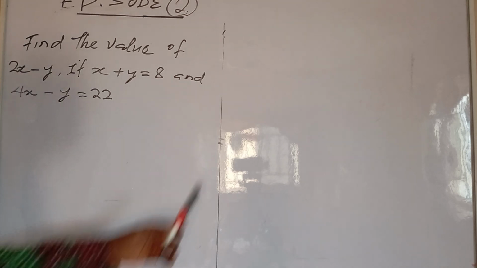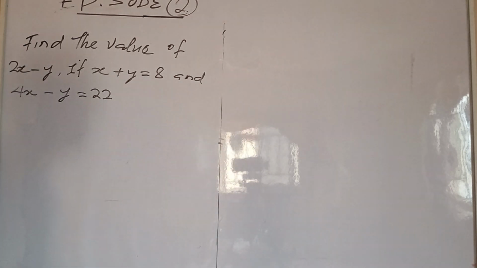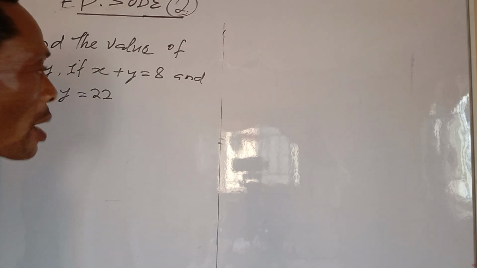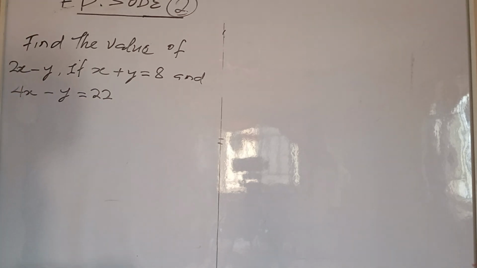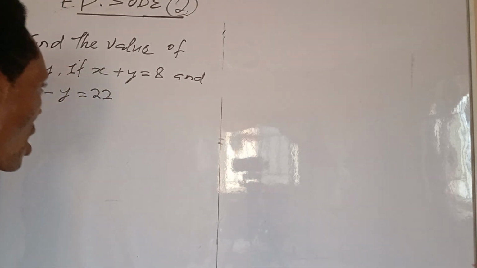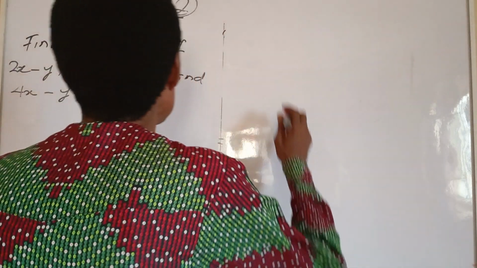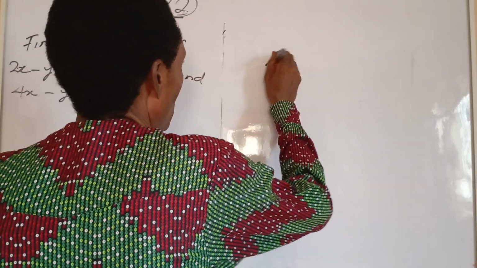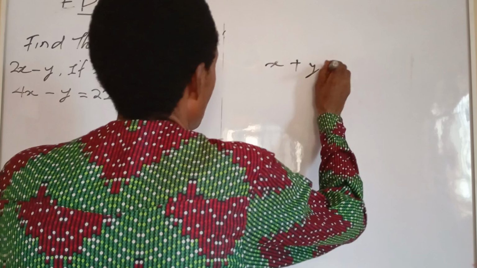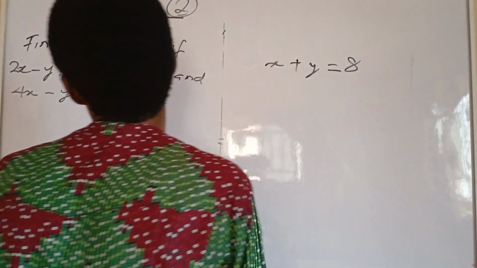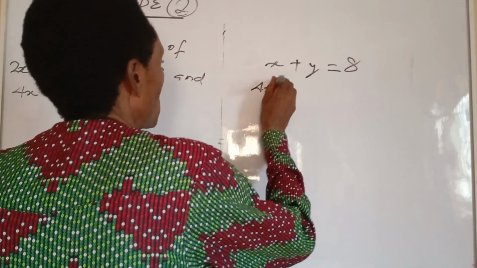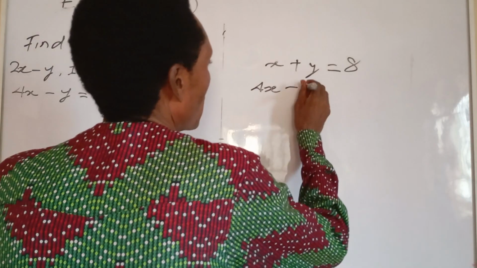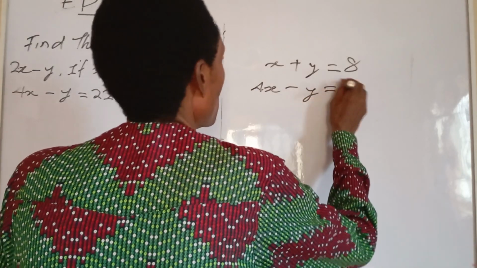I just want to give you an example before we start solving the main problem. Let's assume that you have x plus y equals 8 and 4x minus y equals 22.